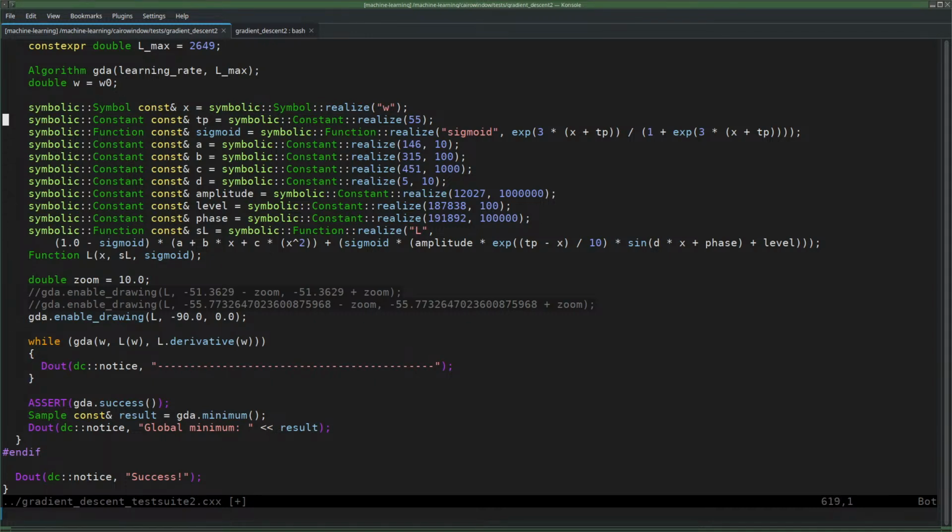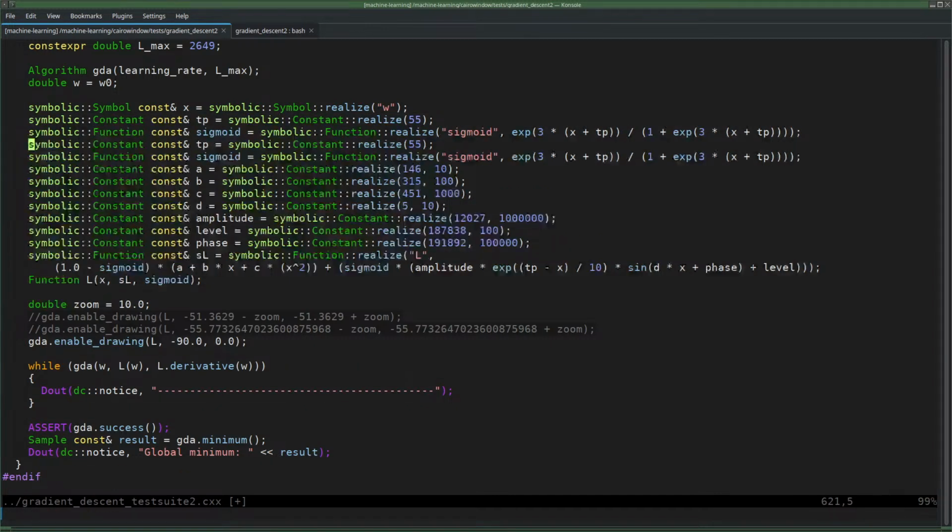I think TP stands for toggle point. So I'm gonna need a new constant, which I'll call toggle point 2. And then we call this sigmoid 2. And then this one is around 80. And this one is then probably correct. I just use TP2.